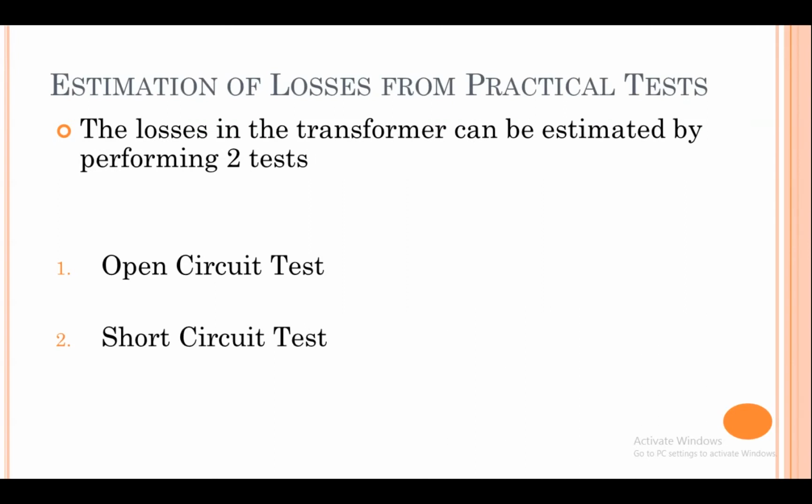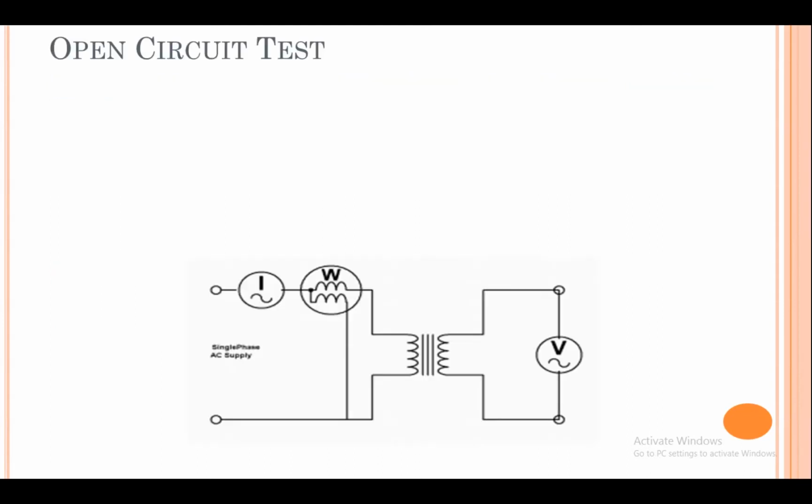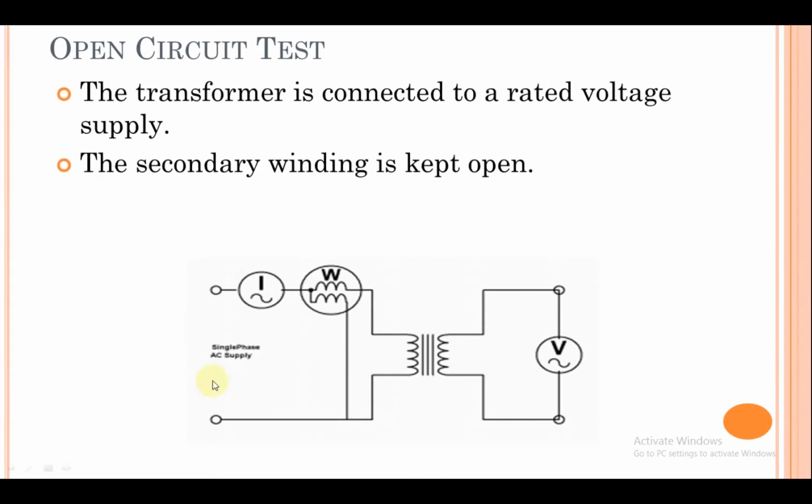So, how do we estimate these losses? There are two basic methods. One is the open circuit test for the core loss, and the second is the short circuit test for the I square R loss. For the open circuit test, we apply a rated voltage on the high voltage side of the transformer, and we can find the losses by a wattmeter, or we can just multiply the voltage with the current, and then we can get the core losses.